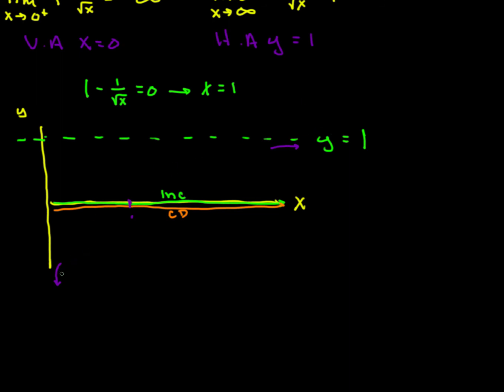And it's always concave down, so I put this all together. I know that my graph has to look something like this. Concave down, always increasing, crosses at 1, approaches y equals 1 in the limit. That's the graph of y equals 1 minus 1 over root x.